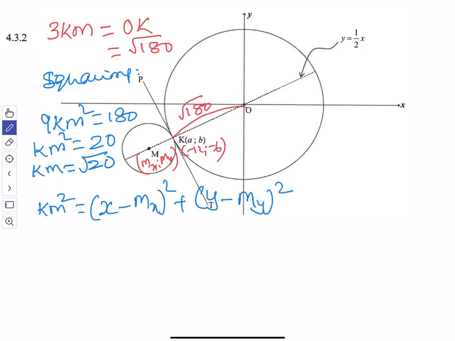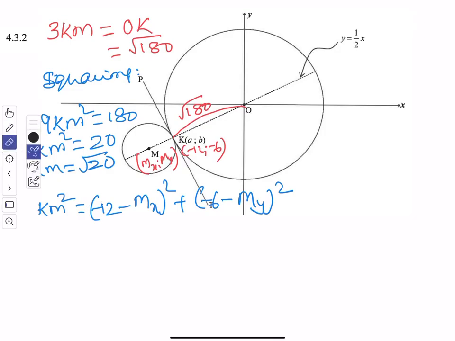Here I must write negative 12 and negative 6.